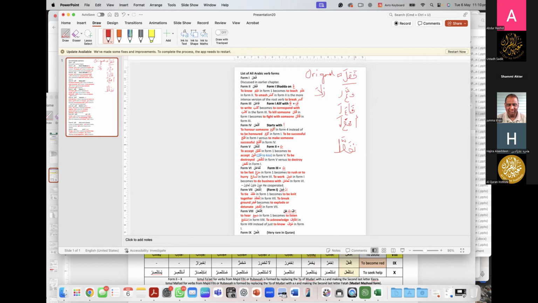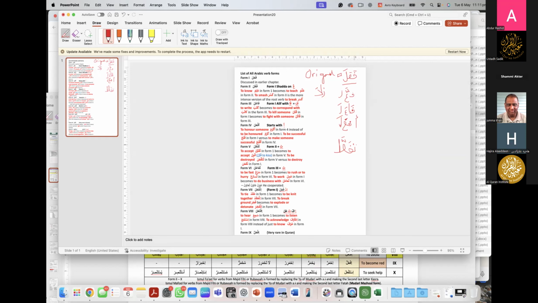So, remember the numbers 2, 5, 3, 6. It is important that you remember, otherwise you will be struggling. 2 is fa'ala. 5 is tafa'ala. Tafa'ala is fa'ala plus ta.